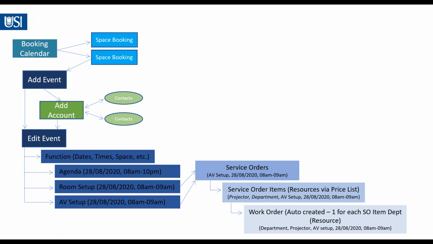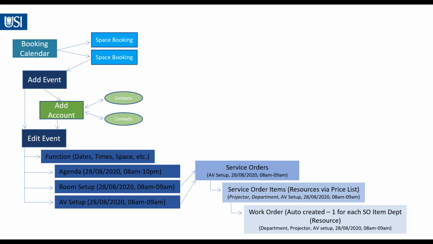So that essentially covers off our end-to-end workflow and hierarchy chart. So just a quick recap being we book a space, a particular space from our booking calendar. We'll then follow through and add the event details, our account, contact, and save our event.